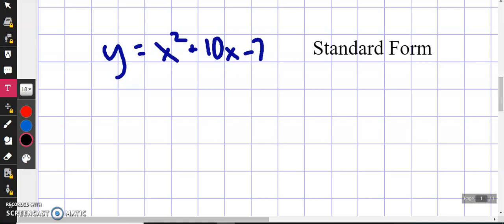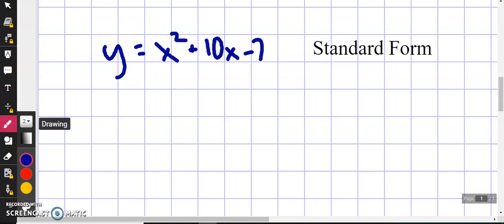In other words, I want to see an x minus something or an x plus something, squared. And of course, we know that that exponent means that we want something to factor with the same number twice. So the first thing I'm going to do is take anything that does not have an x and switch it to the other side.